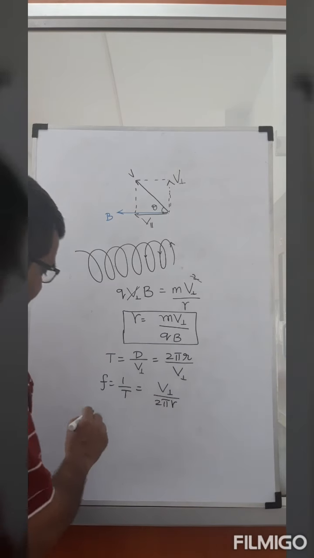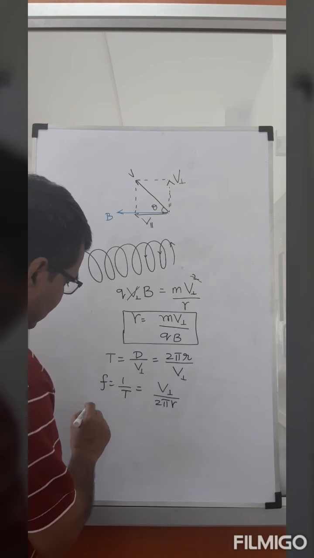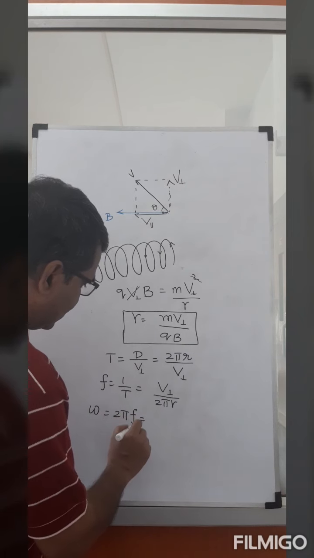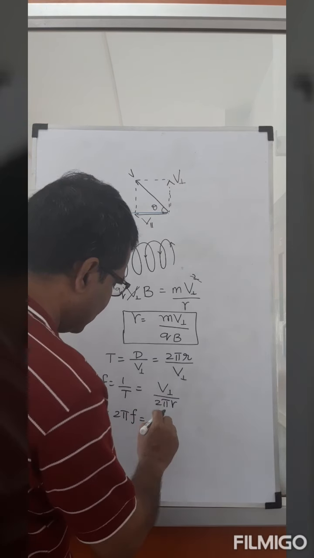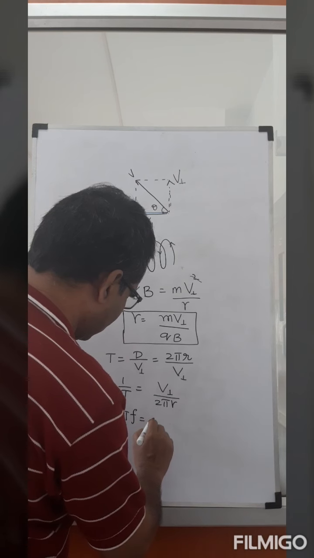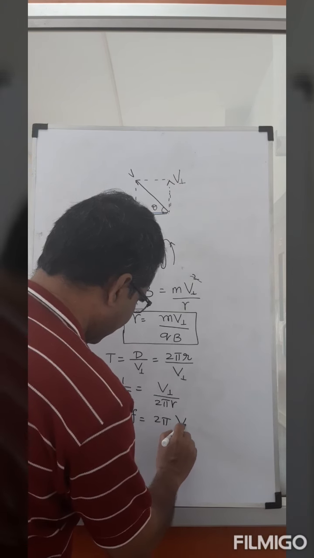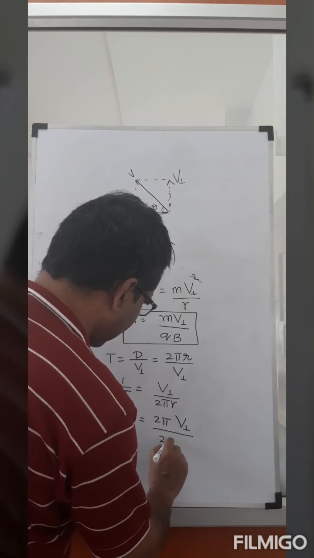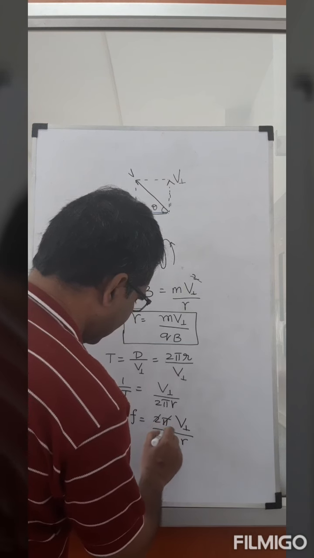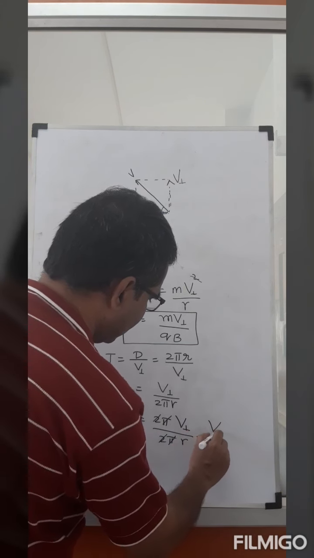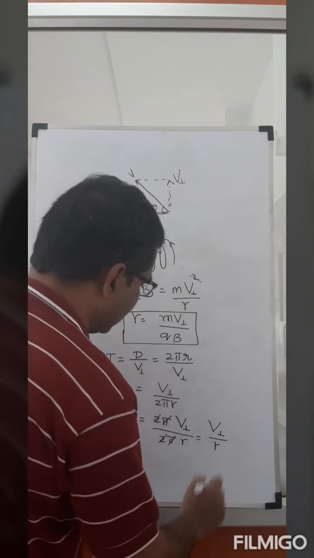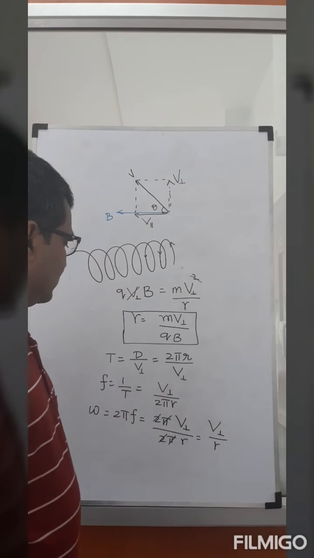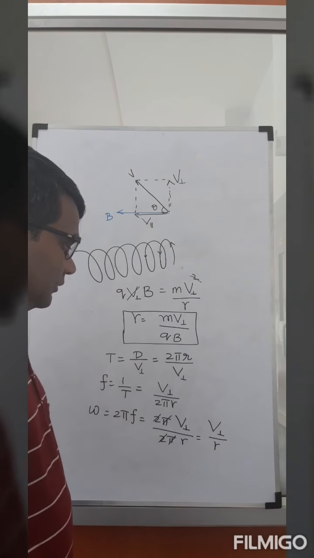Then what is angular frequency? The angular frequency omega is 2 pi f, so that would be 2 pi v perpendicular by 2 pi r. 2 and pi will cancel, so I will get v perpendicular divided by r. So this is what it is. Okay, that is fantastic.